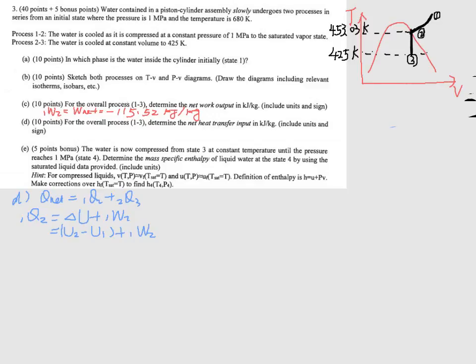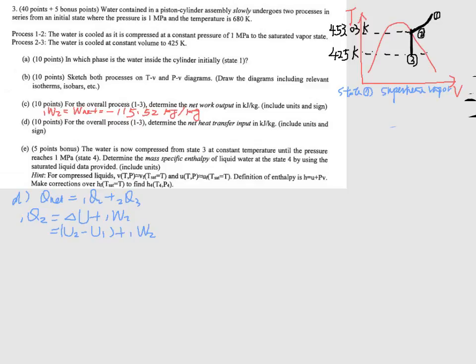If you look at this T-V diagram here, at state 1, we already discussed this earlier in previous videos. At state 1, it's a superheated vapor. That's where we started.